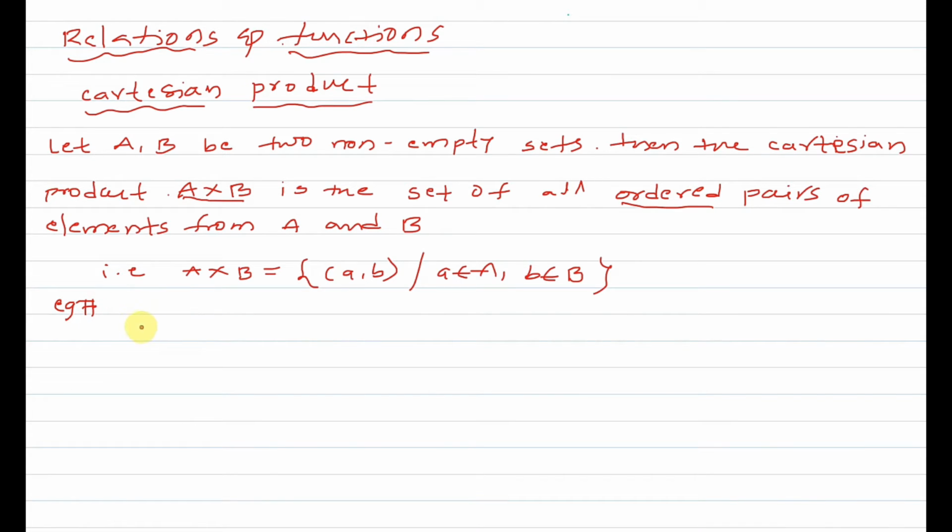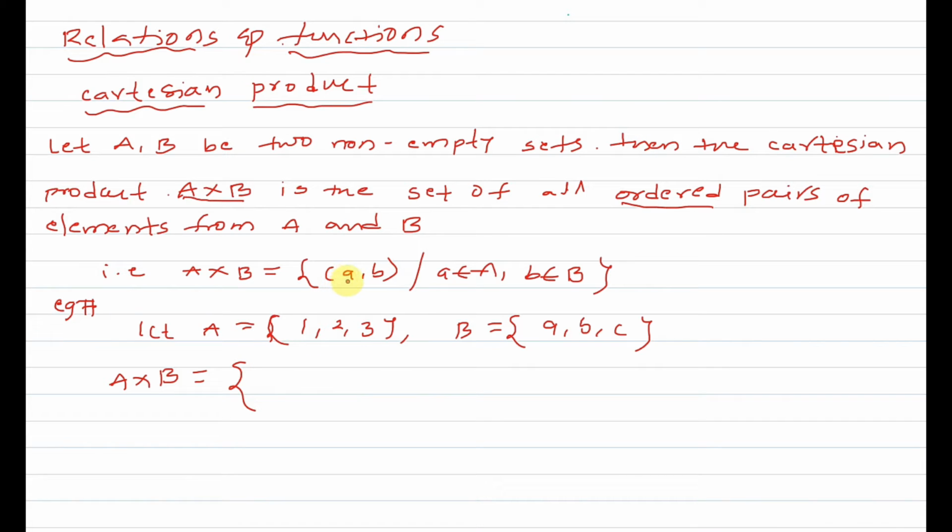Let us consider, for example, let A be a set, that is {1, 2, 3}, and B is another non-empty set that I am taking, {a, b, c}. Now we should write A cross B. A cross B means Cartesian product of A and B. A cross B contains elements as ordered pairs.